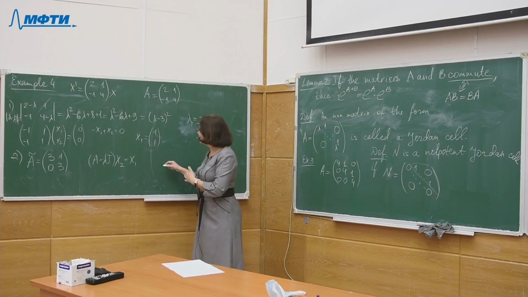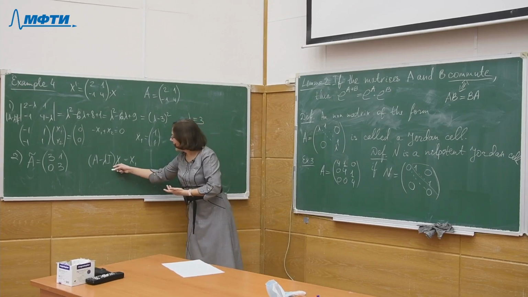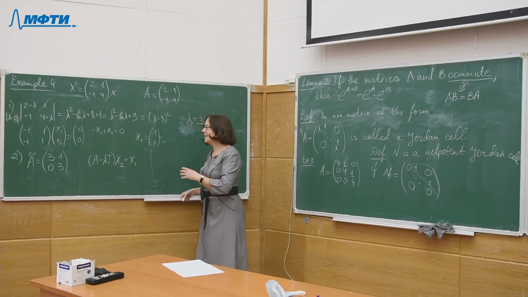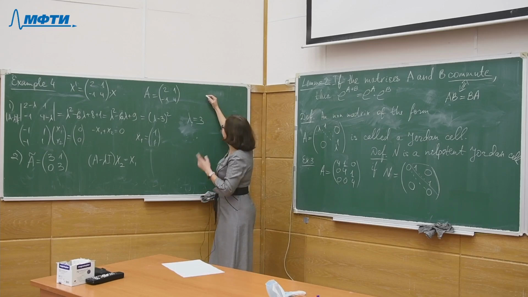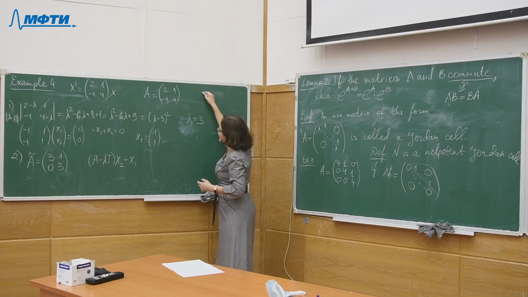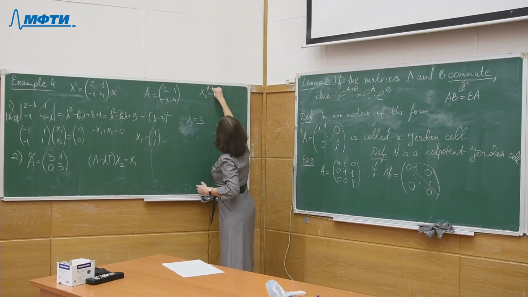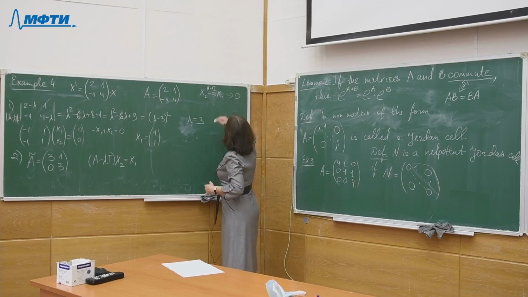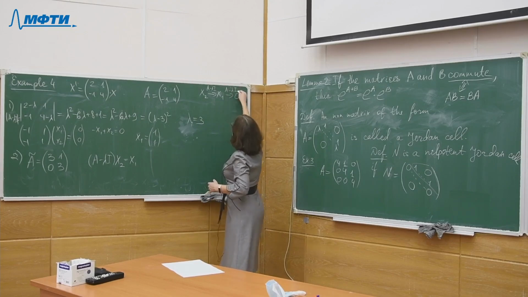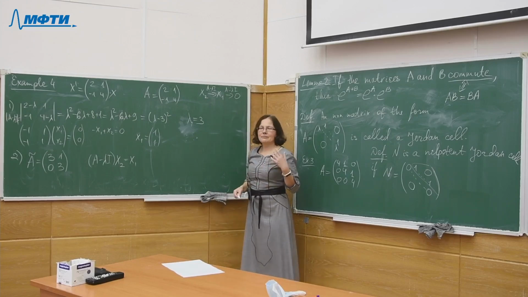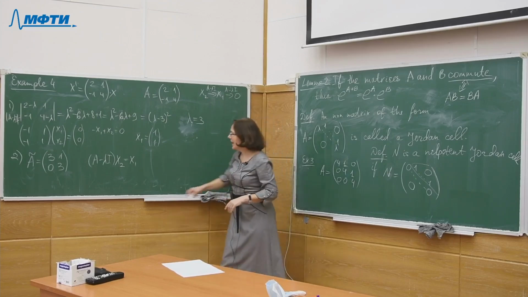This is the rule to find not the eigenvector, but the Jordan chain, which tells us that we need to find two vectors: x2 goes to x1, and then x1 goes to 0 under A minus lambda I. So this chain of vectors is called the Jordan chain, and we need to find it.